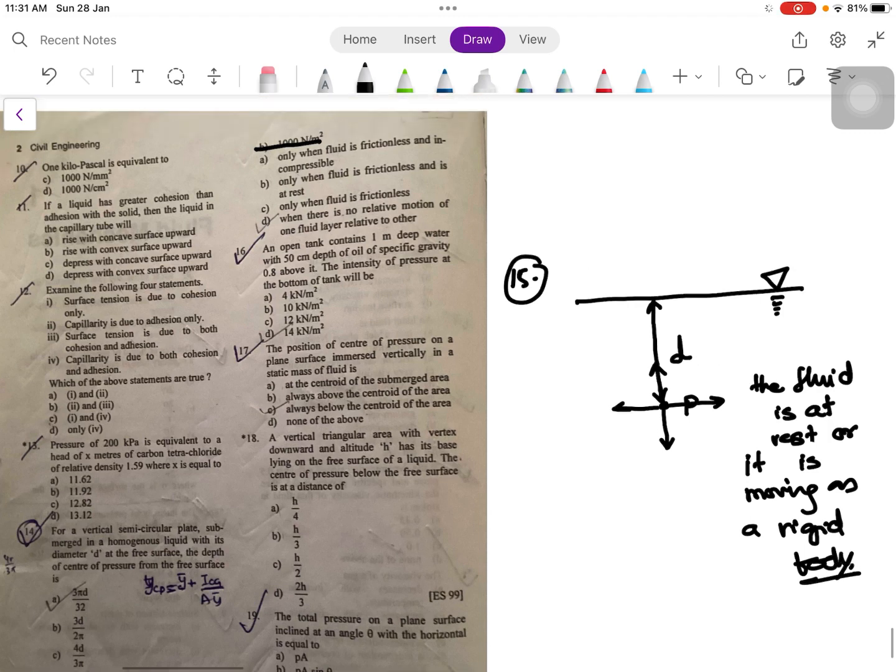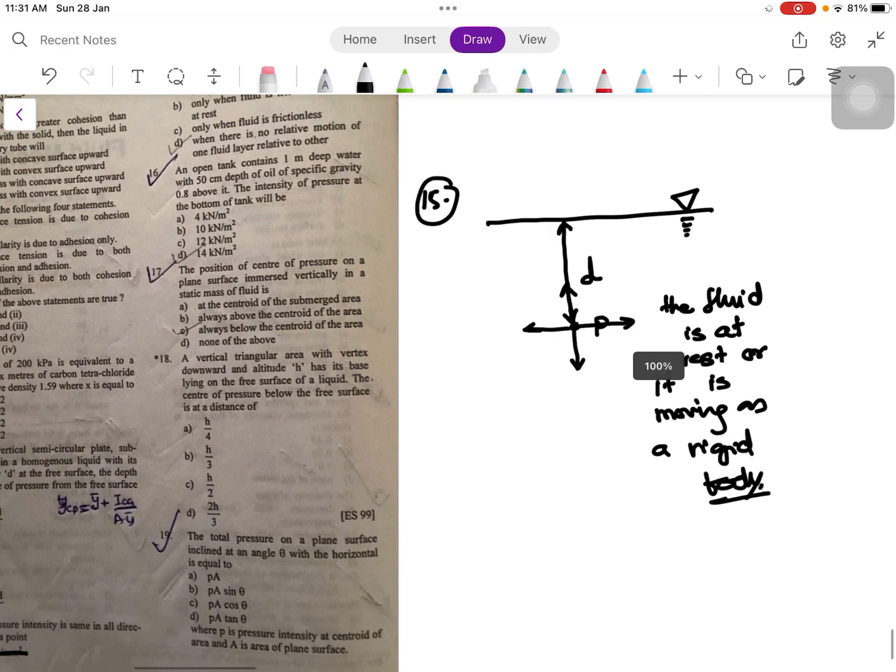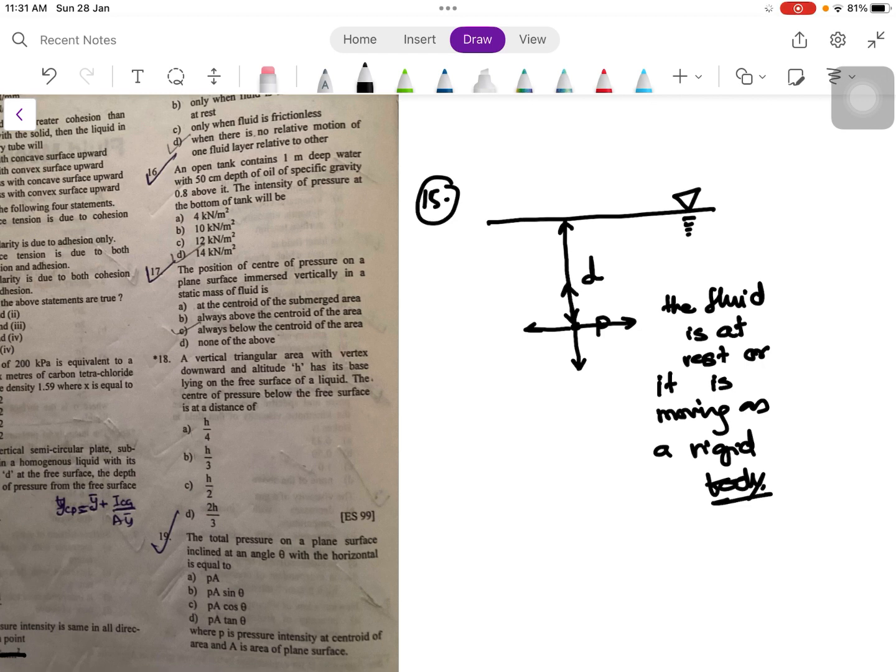That means in case there is a relative motion between the various layers in a fluid, then this pressure will not be same in all directions. The reason being, let us say that this layer in the fluid is moving at a velocity u and this layer is moving at a velocity u1.